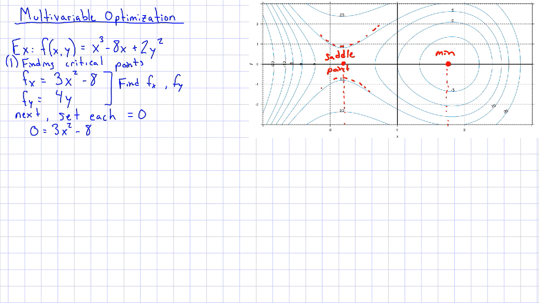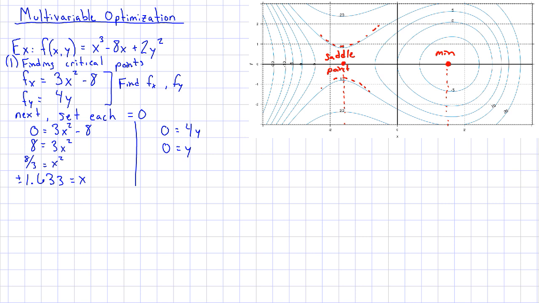When I solve this, I end up with 8 equals 3x squared, so 8 over 3 equals x squared, and then when I take the square root, I end up with plus or minus 1.633 equals x. Do be careful, you do need to consider the positive and negative. When I set 4y equal to 0, I just get y equals 0.